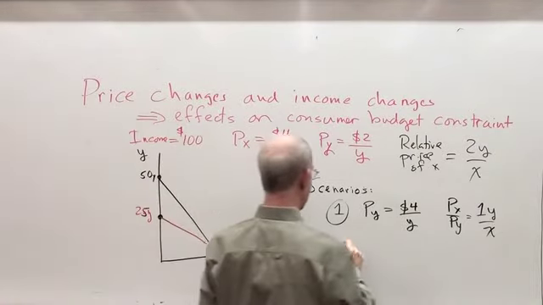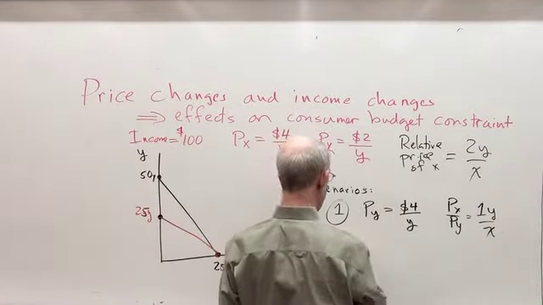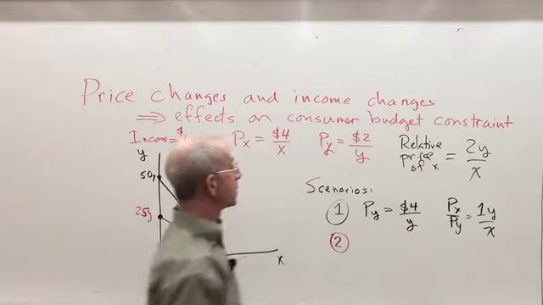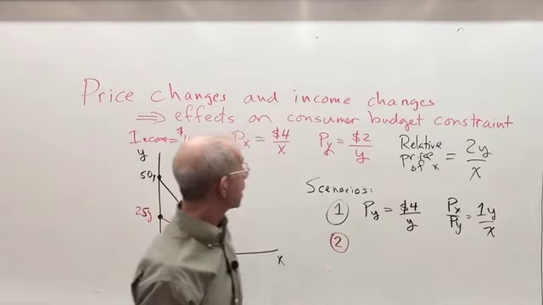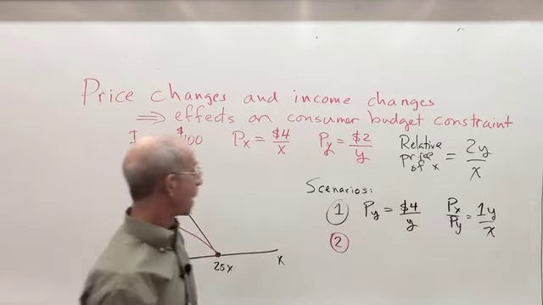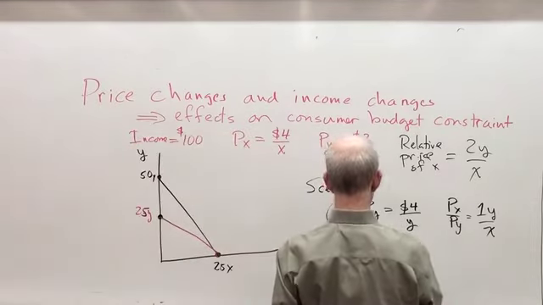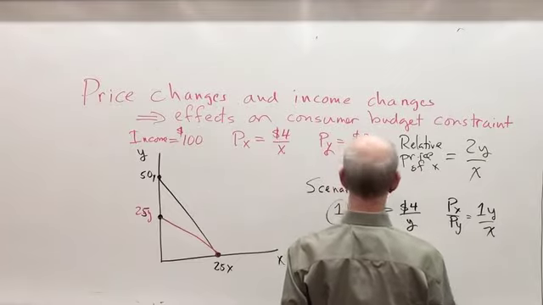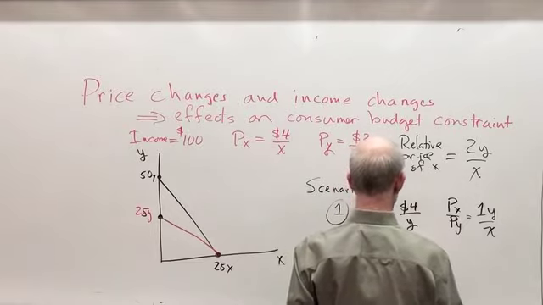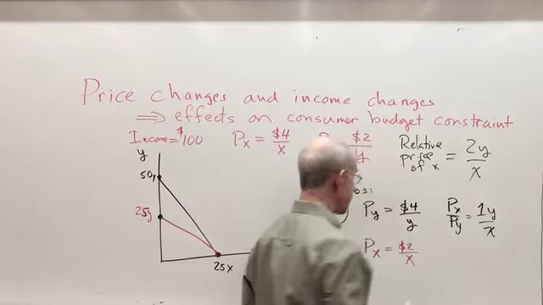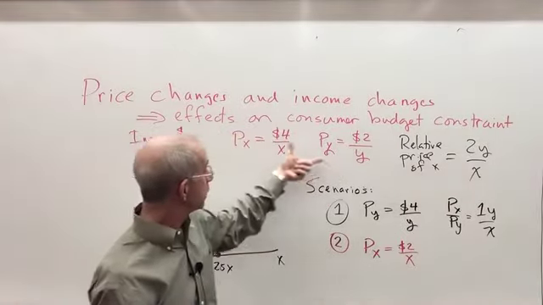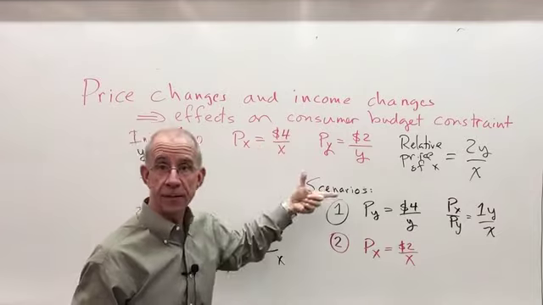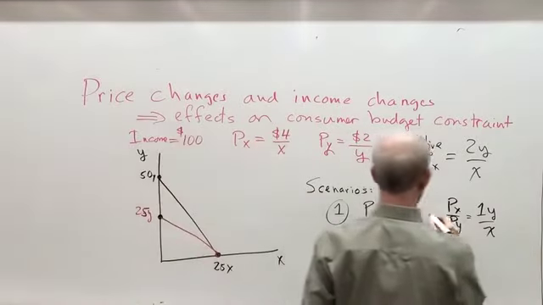The second scenario: let's say instead of the price of Y going to $4, let's let the price of X go to $2. So we're going back to the original situation and changing the price of X. Now, a couple of things to note here.